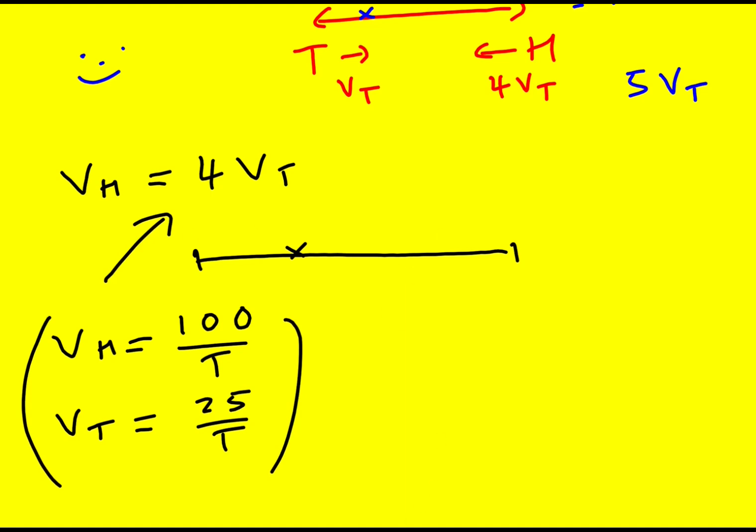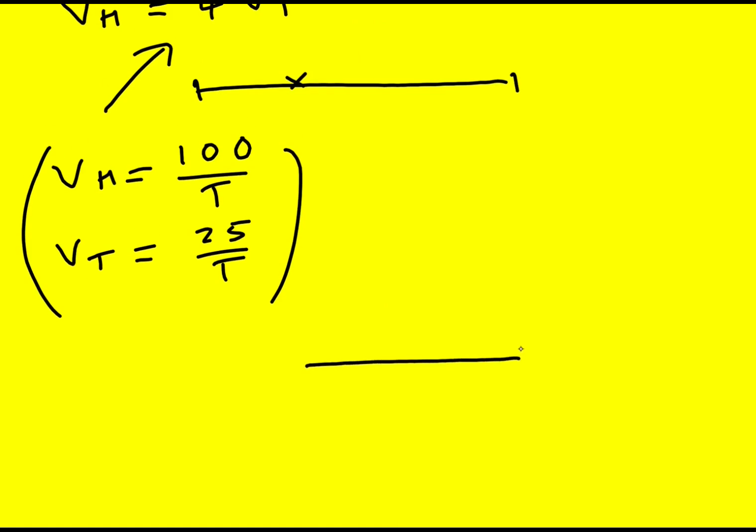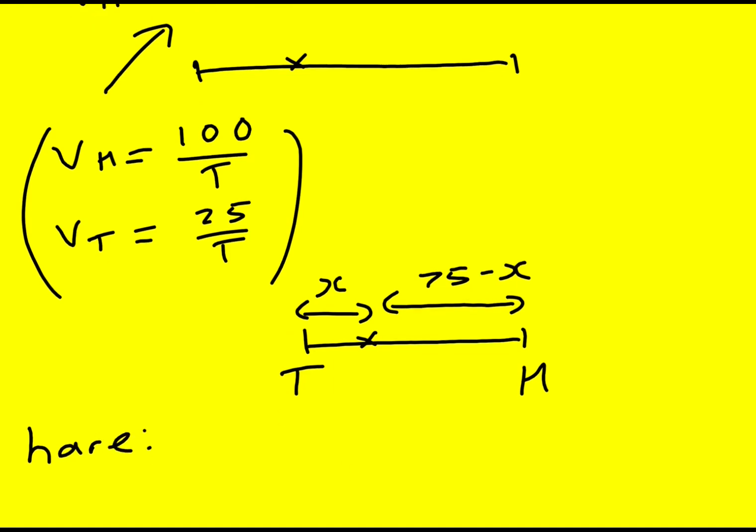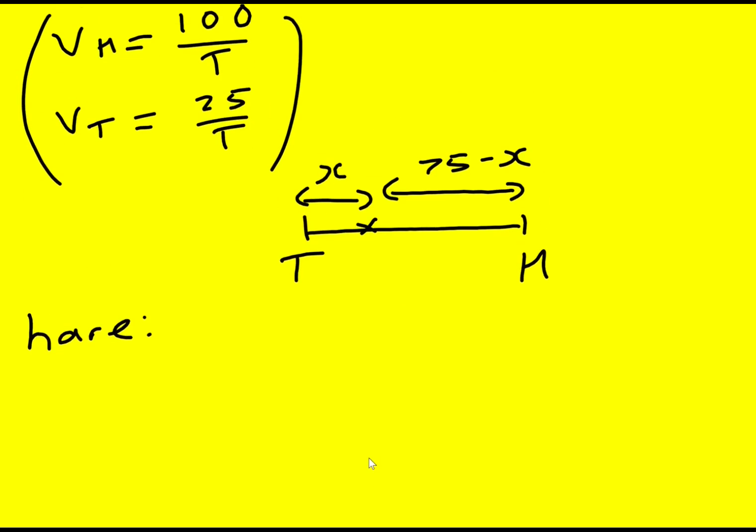And now on the second journey, we know they're going to meet there. So I called this one X, and this one is going to be 75 minus X. So for the hare, we've got speed equals distance over time.